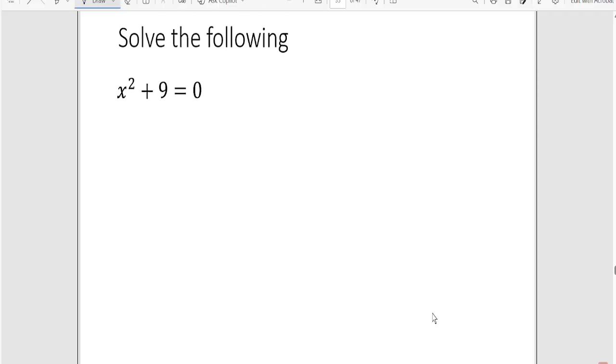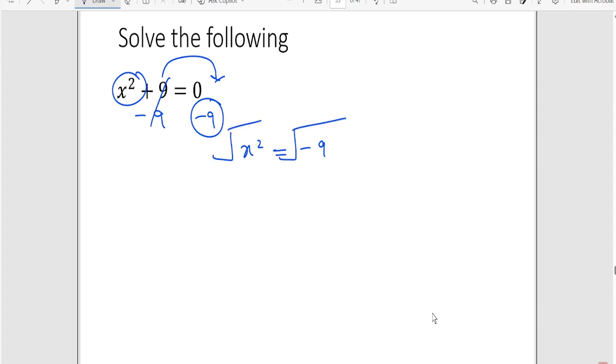Like if I have this x square plus 9 equal to 0, if I subtract 9 from both sides, this will cancel out, and this is what I get, x square is equal to negative 9, right? Now I do square root both sides, so this will cancel out, and on this side I will get plus minus square root of negative 9.